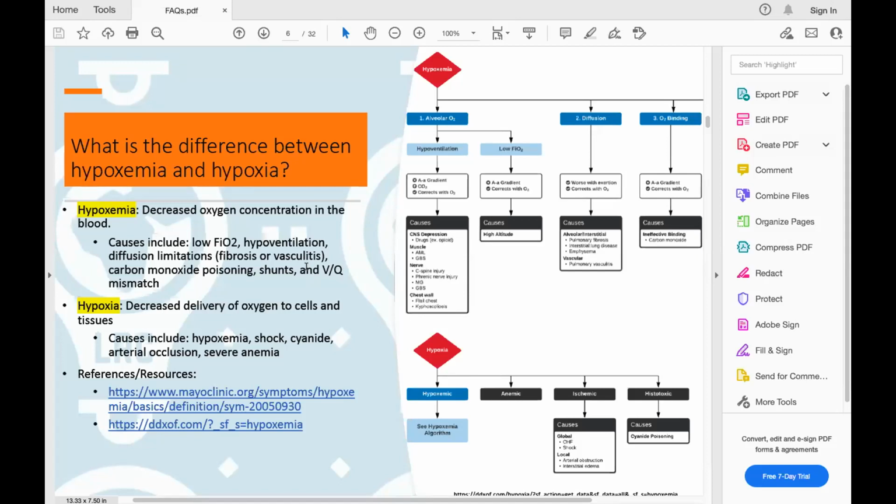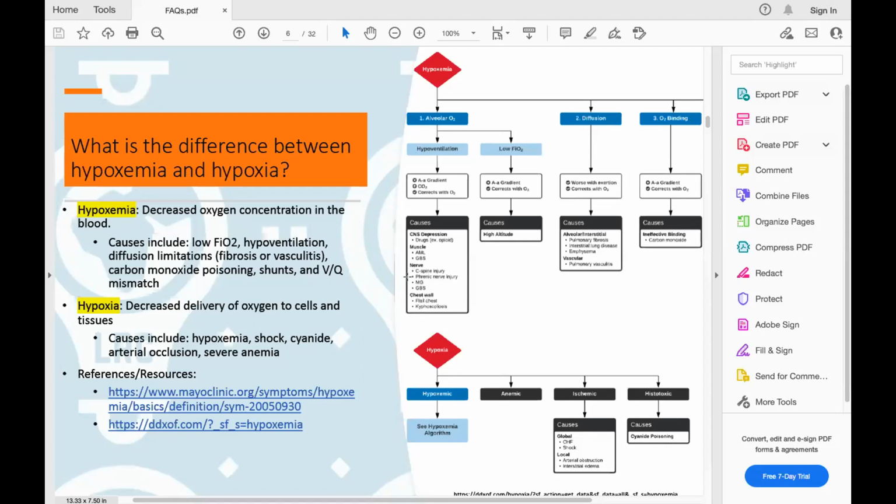For CNS depression, we remember drugs like opioids. In the case of trauma and nerve injury, we think of C-spine injury or phrenic nerve injury, and chest wall problems or trauma, including abnormality of the chest, such as kyphoscoliosis, for example.